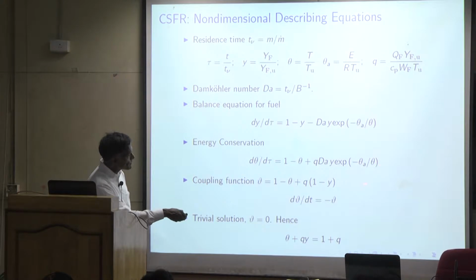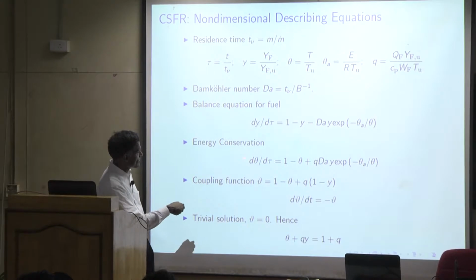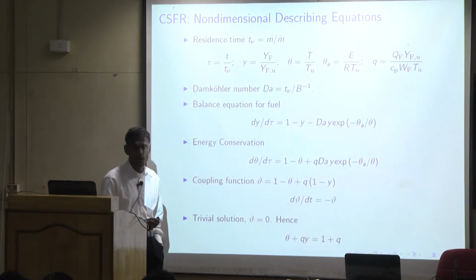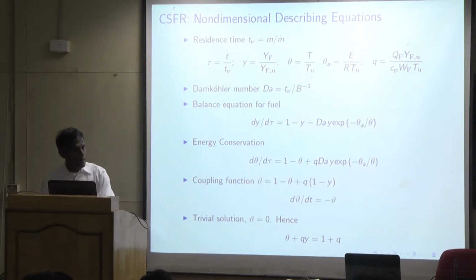I can take this one, and whereas this y, if I write y here in terms of theta, I can rewrite this, obtain y as a function of theta, and put it over here. So now you get an equation only in theta, the energy conservation. So this can be integrated. This equation is only for the energy. Once you solve for theta, I can use these coupling functions to get the y. Okay, that's the approach, right?